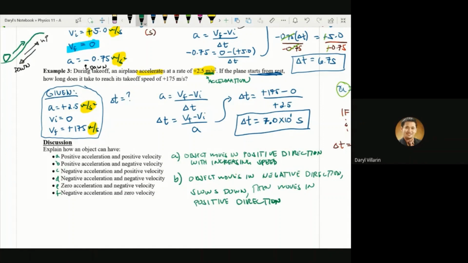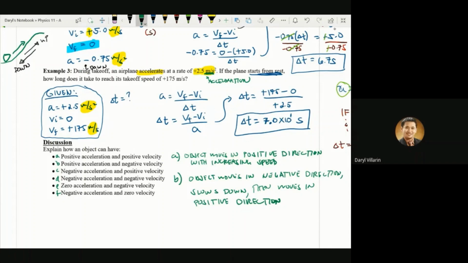It moves in the negative direction, but the magnitude of that velocity decreases until such time that it goes back and moves in the positive direction with an increasing velocity afterwards. Okay, but you can just disregard the last phrase here. That's still okay. That means that at least in that particular case, if you have a positive acceleration and negative velocity, both have different directions, the object slows down.